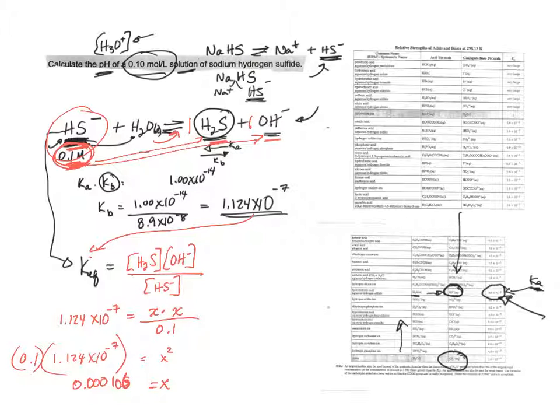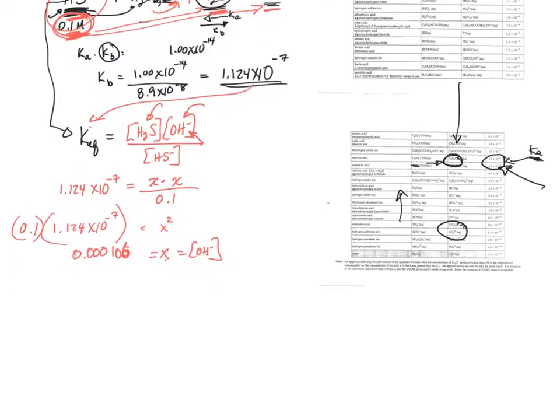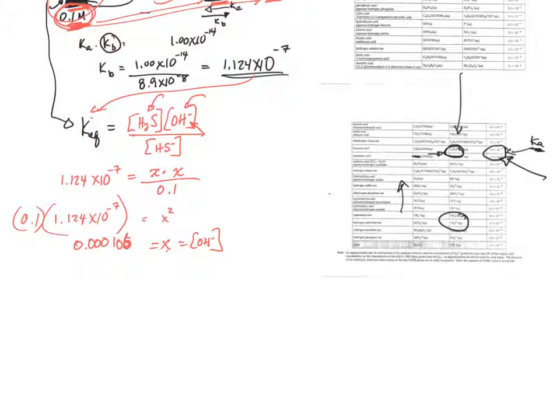It's close enough. Now x, if you remember from up top here, that's what we used for the concentration of hydroxide and hydrosulfuric acid. But what we're looking for is this hydroxide ion one. So this is really the concentration of hydroxide ions. So now, because I'm looking for the pH, let's figure out the pOH of this solution.